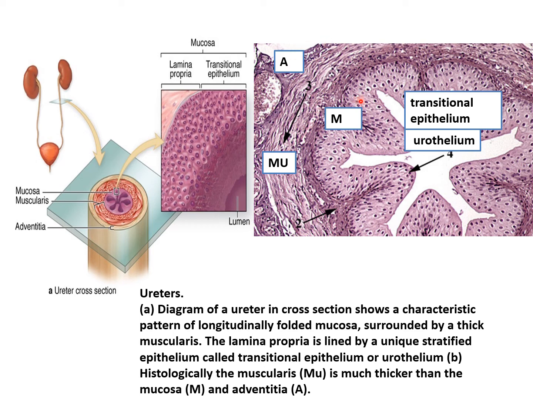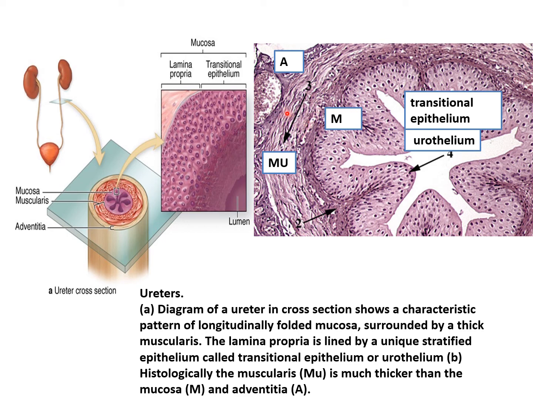The mucosa in the ureter contains two parts: the epithelium, which is the transitional epithelium or urothelium, resting on the lamina propria. This layer is the lamina propria. The lamina propria contains fibroelastic connective tissue.